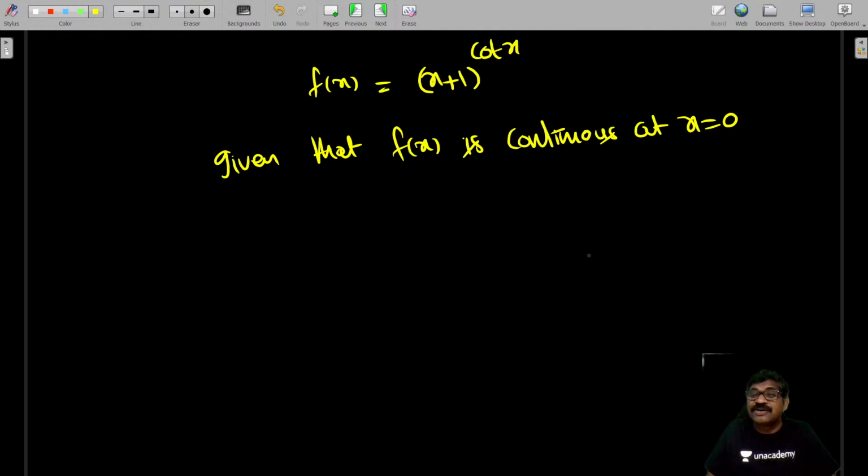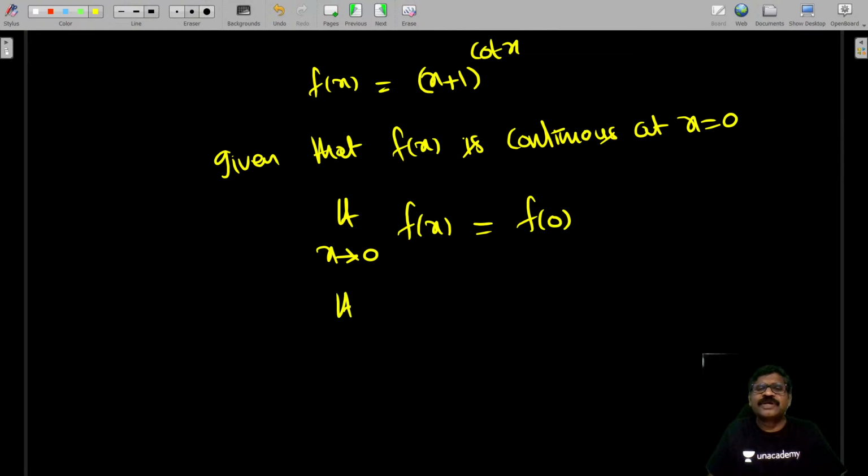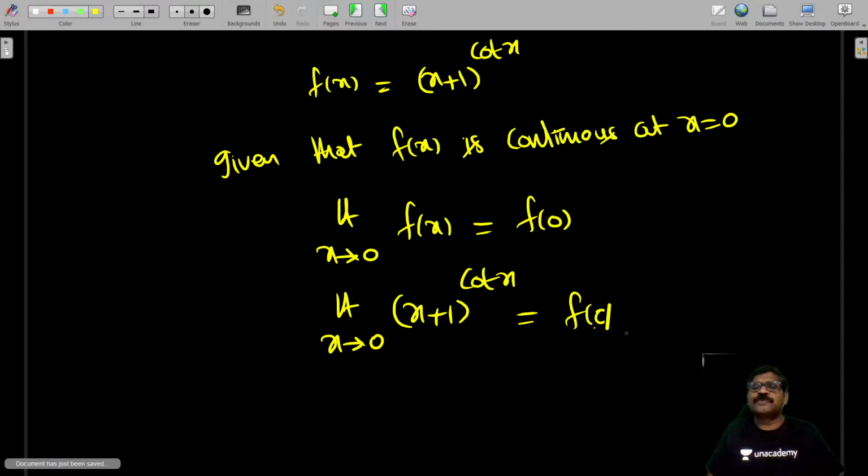If the function is continuous at x equal to 0, definitely limit x tends to 0, f of x equal to f of 0. Now, limit x tends to 0, f of x is nothing but x plus 1 power cot x equal to f of 0.